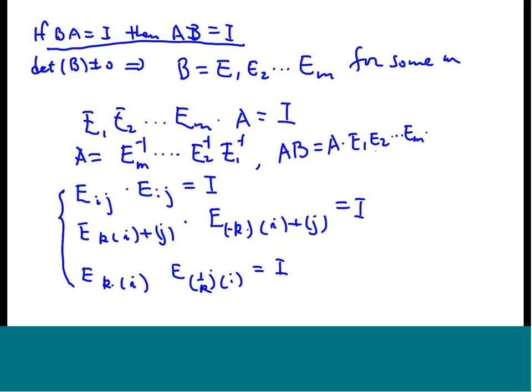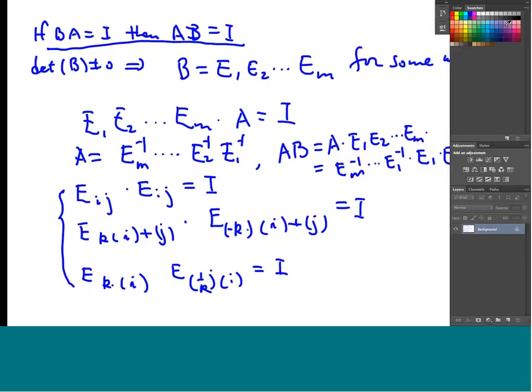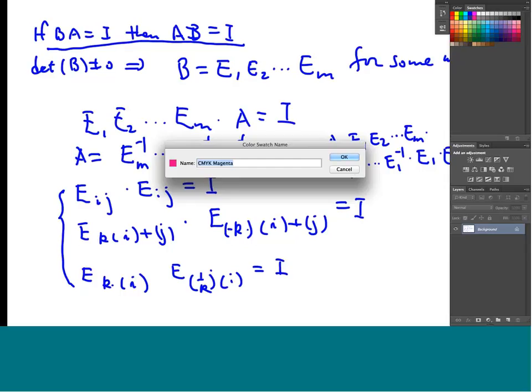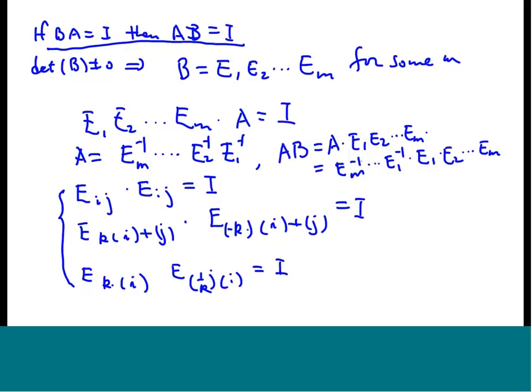Then A times B: A already has that form, so you get EM inverse times up to E1 inverse times E1 times E2 times up to EM. Here is the 1.